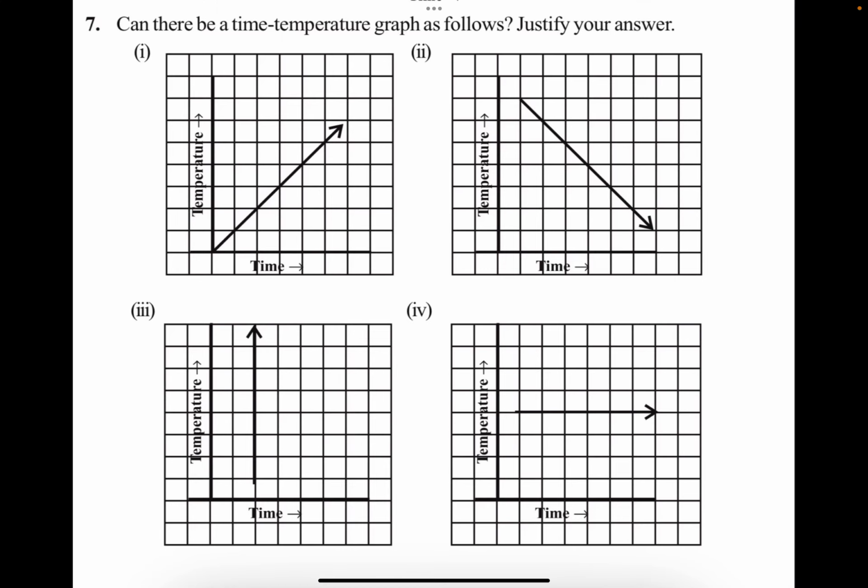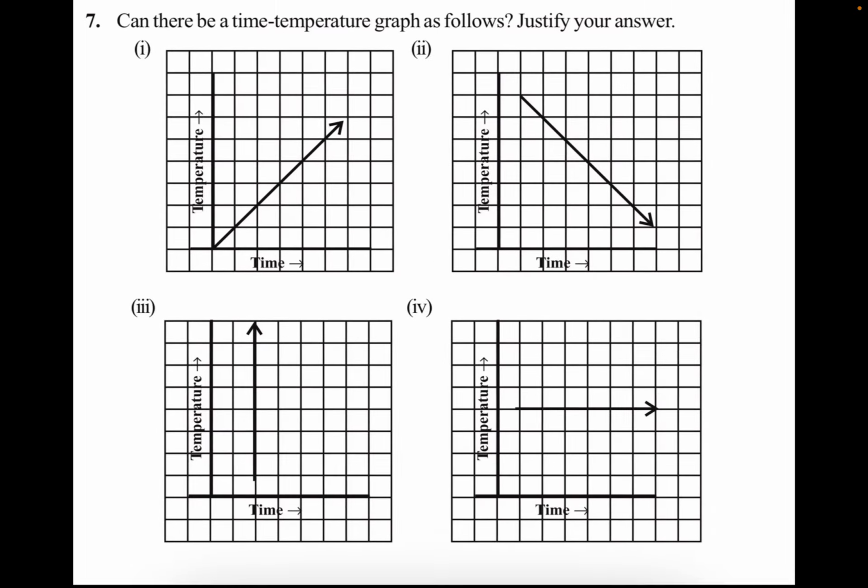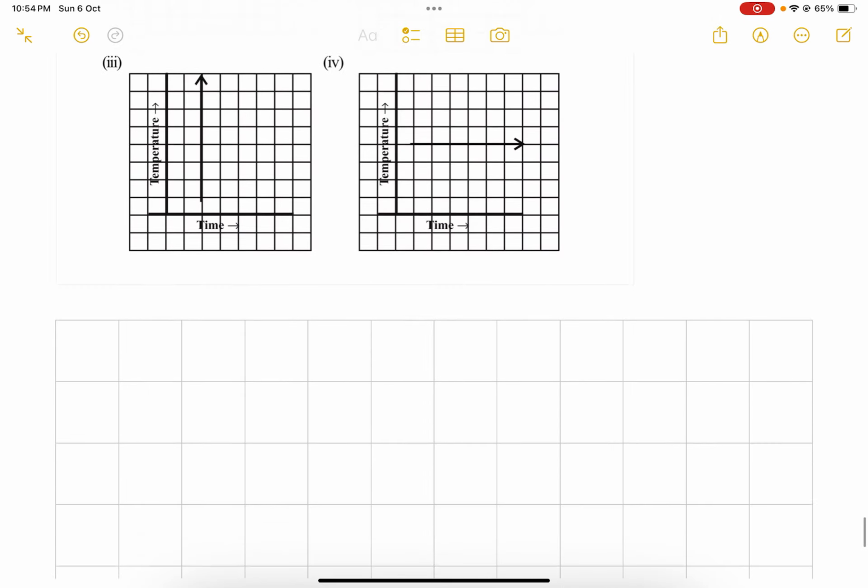And then, what does this show in the time-temperature graph? At this particular point it follows the same temperature, so it is a constant temperature. Constant temperature means the line should be parallel to the x-axis. Then we say that the constant temperature is this.